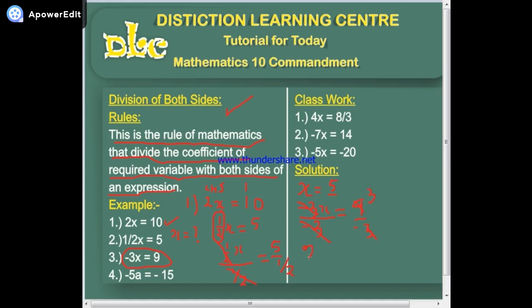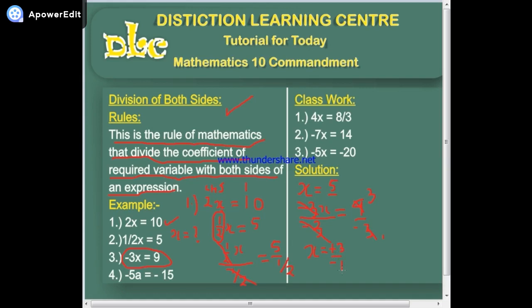So that means x equal to 3 here is 1, abi? So x equal to plus 3 over minus 1.